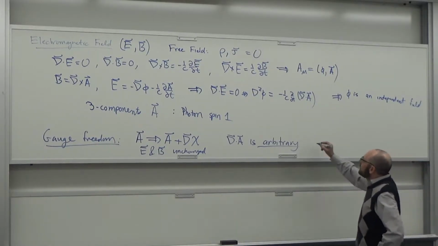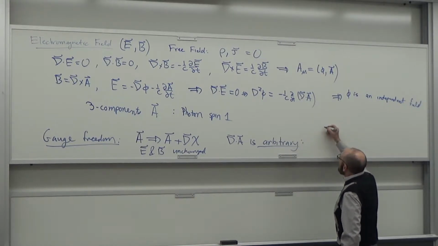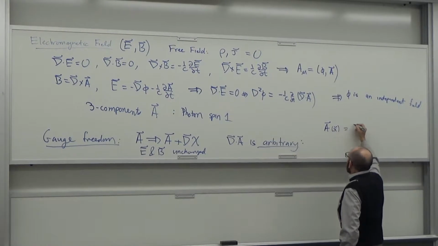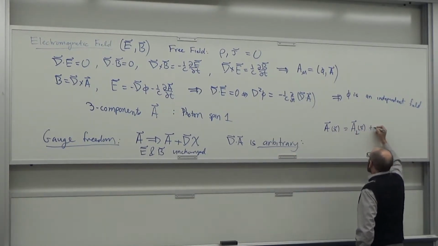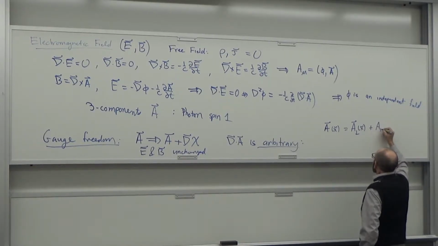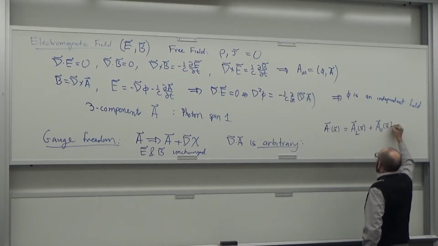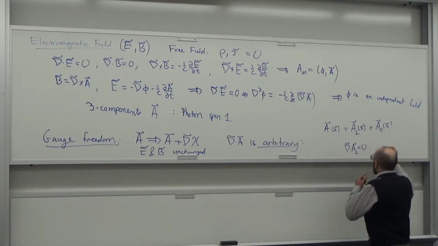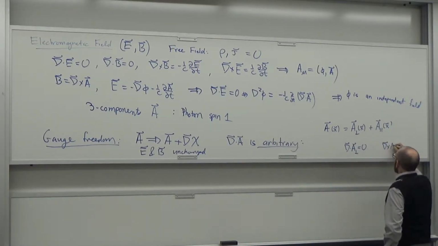Okay? And to remind you, any vector field can be broken up into what's called a transverse field and a longitudinal field. The transverse field has 0 divergence, and the longitudinal field has 0 curl. That's known as the Helmholtz theorem.